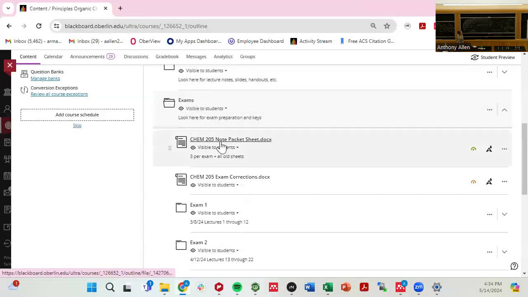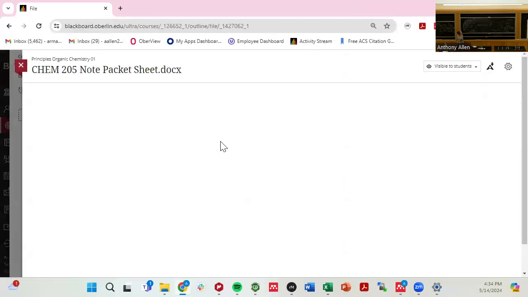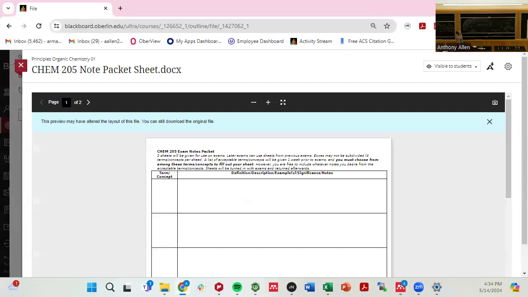Yeah, note package sheet, right there. I don't remember what that paragraph says up there, but for the final exam, you can use as many boxes as you want for a concept.